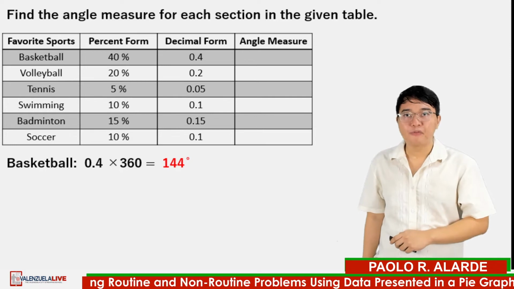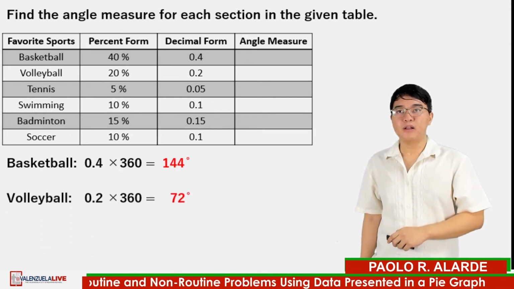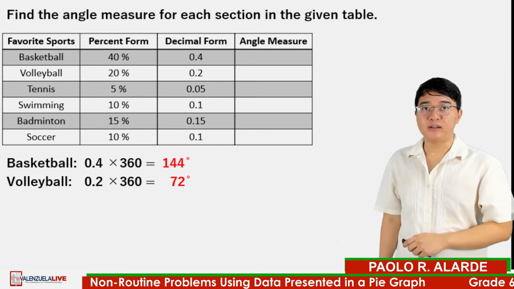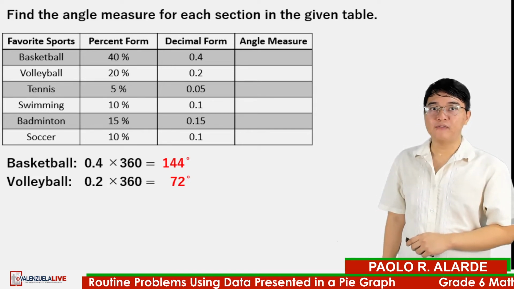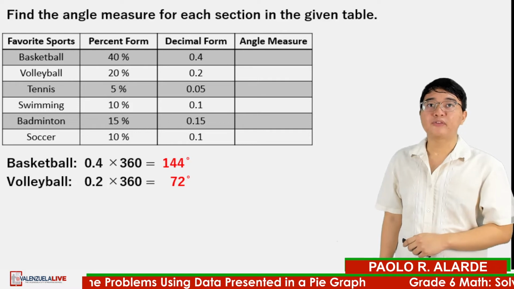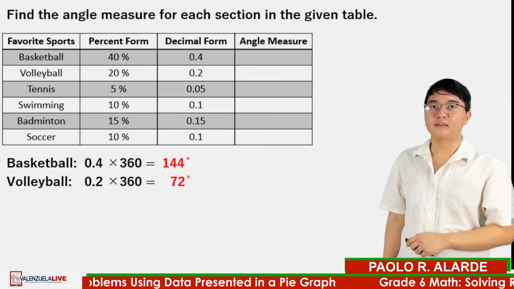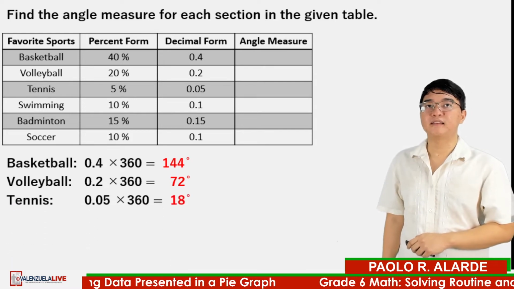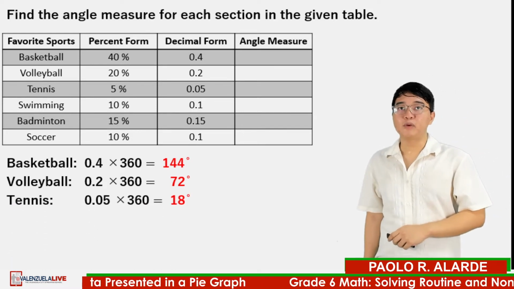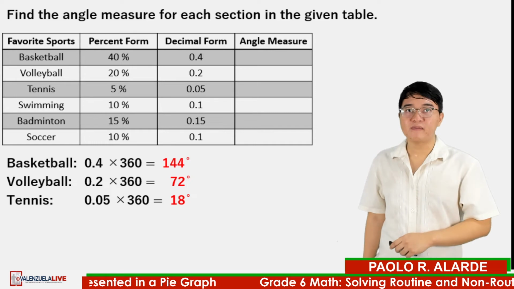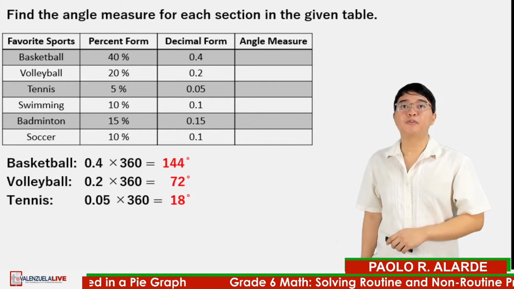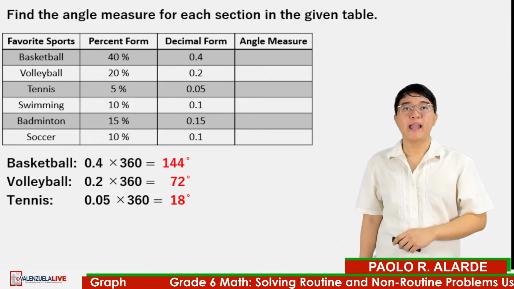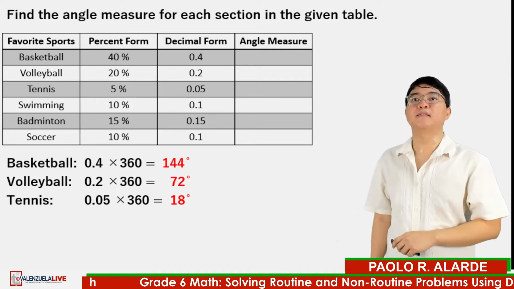What about for the volleyball? For the volleyball, we have 2/10 times 360 degrees, and that would give us a product of 72 degrees. What about for the tennis? Tennis, which is 0.05 in decimal form, times 360, would give us a product of 18 degrees.